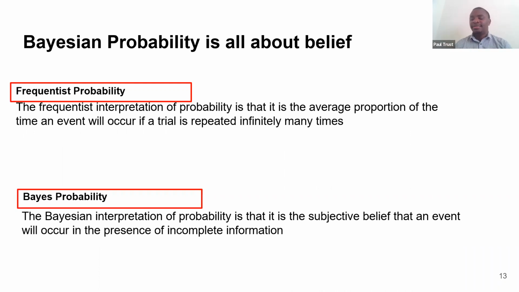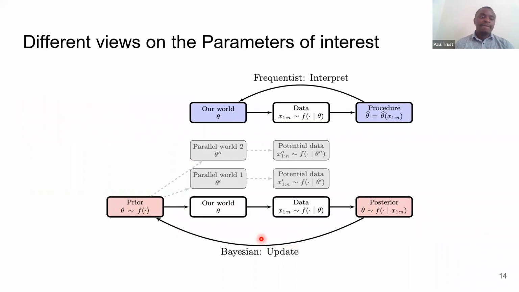Imagine you thought it is 10%, but you didn't have the information that yesterday there was an outbreak of an extra 1 million cases. So for you, you'll have the information of the previous day. So the Bayesian probability interpretation is the subjective belief that an event will occur in the presence of incomplete information. So information is very, very key in Bayesian probability.